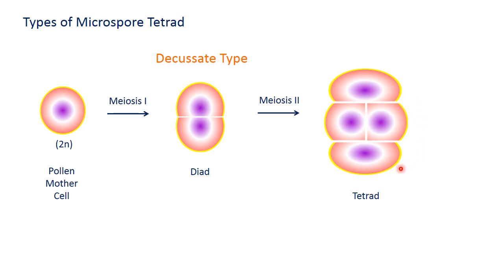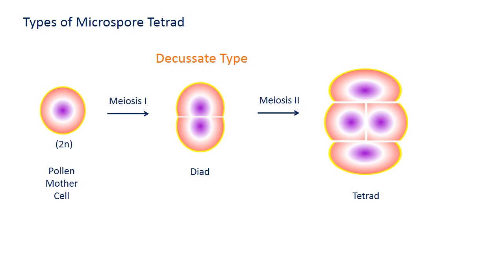Upper and lower cells are separated from the two lateral cells by a transverse cell wall, while the lateral two are separated by a longitudinal cell wall. So this is all about the decussate type. So we have talked about the process of microsporogenesis.